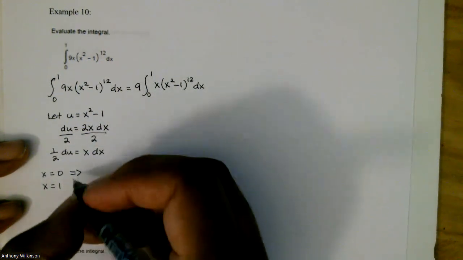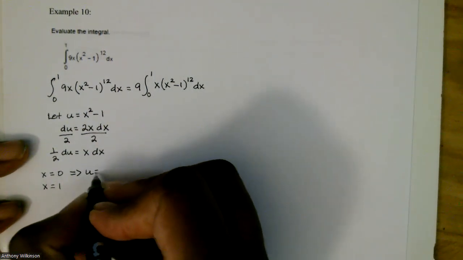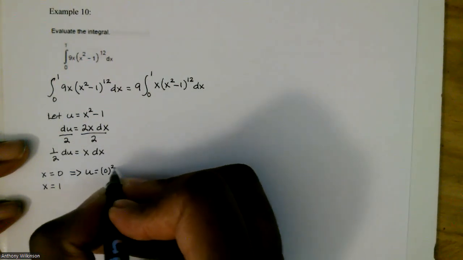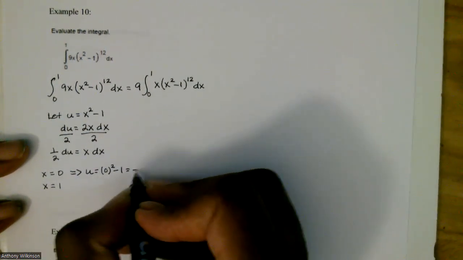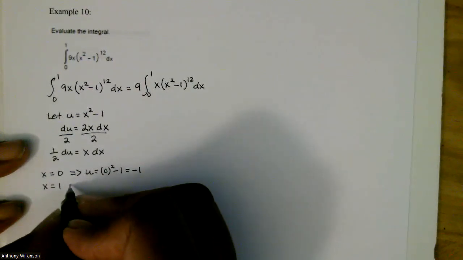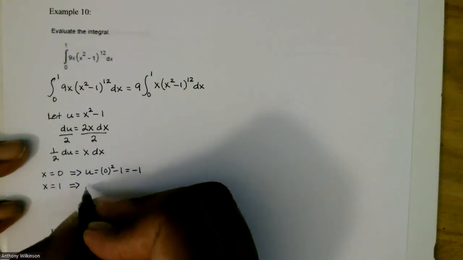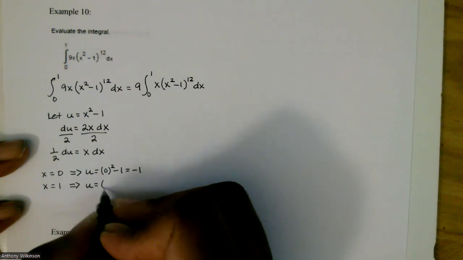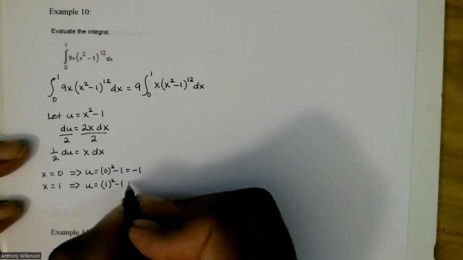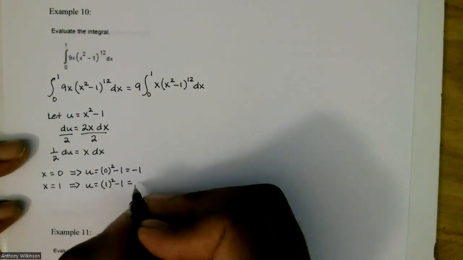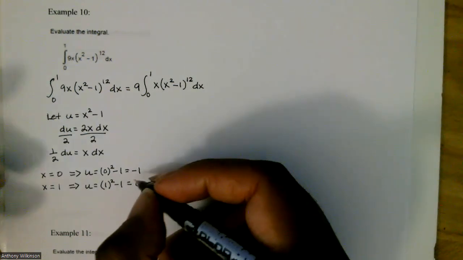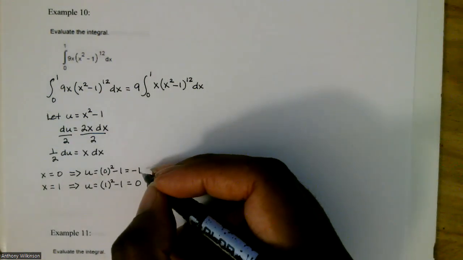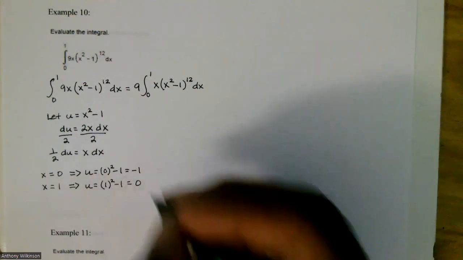So if x is equal to 0, u will be 0 squared minus 1, which is -1. And for x equal 1, u will be 1 squared minus 1. Well, 1 squared is 1, 1 minus 1 is 0. So my new limits in terms of u will be from -1 to 0.